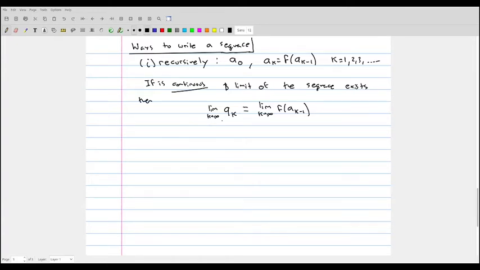The limit as k goes to infinity of a_k, if the limit exists, is equal to some L.